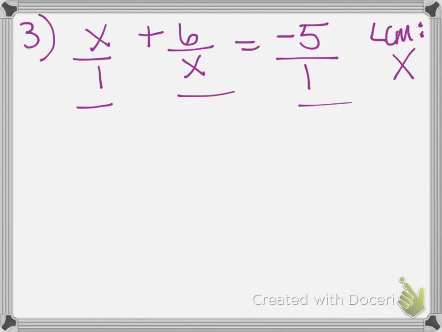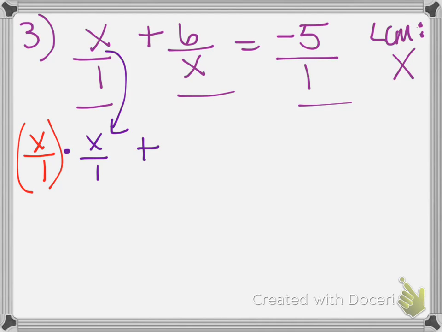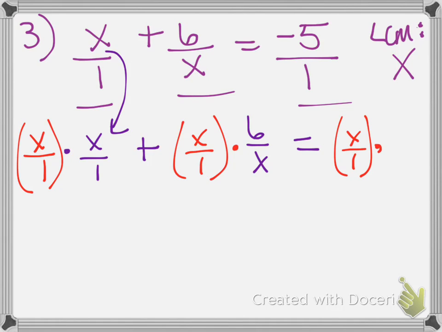So next to each of these, I'm going to have to multiply by x over 1. So I bring this down, and I needed to multiply by x over 1, plus my x over 1 times my 6 over x, equals my x over 1 times the negative 5 over 1.